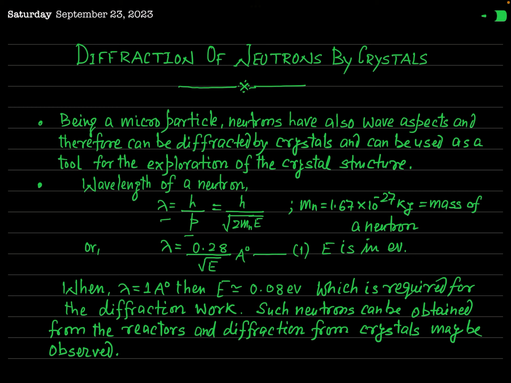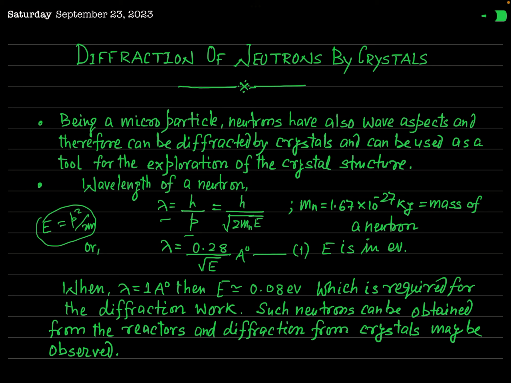And if p is the momentum and E is the energy of the particle, or you can say kinetic energy of the particle, because we always consider potential energy of the particle to be 0, since we consider the free particle. Okay, then we know that E is equal to p squared over 2m, where m is the mass of the particle. And from this relation, we simply say that momentum p is the square root of 2mE.